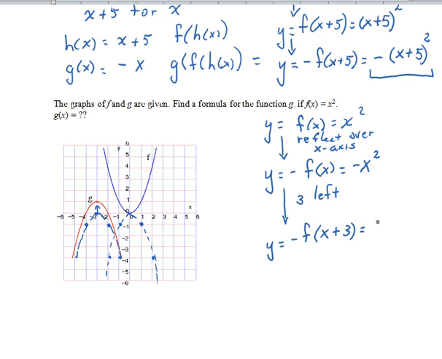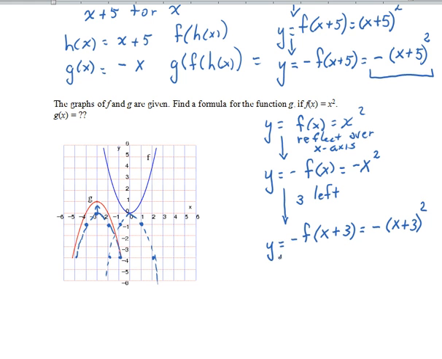This is going to give us the opposite of x plus 3 squared.